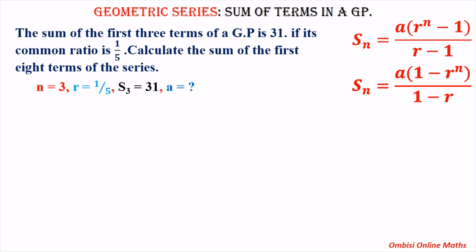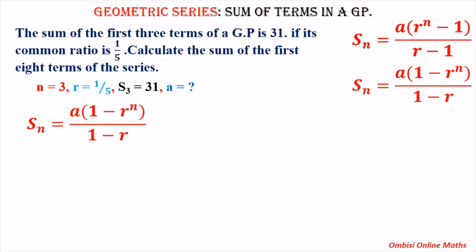So n is 3, r is 1/5, and S_3 equals 31. The sum of the first 3 terms is 31. What we don't have is a. They want us to calculate a first, then from a, we can find the sum of the first 8 terms of the series. You can see that the value of r is 1/5, which is less than 1. Given that the value of r is less than 1, we use the second formula.